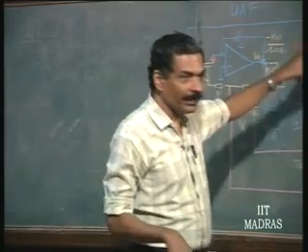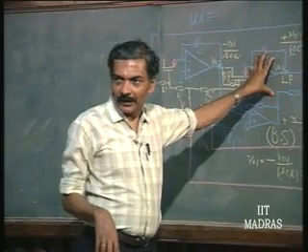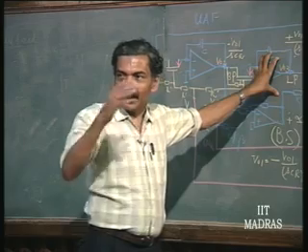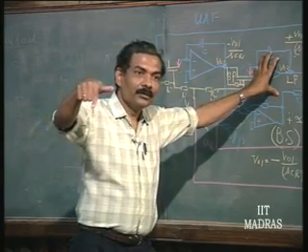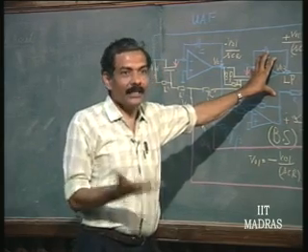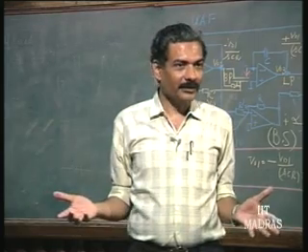Therefore, I make a very high Q self-tuned filter and let it get tuned to the incoming signal, then it will eliminate all the other noise around it if it gets locked onto the signal. So, this is one way of searching whether there is a signal anywhere in space.